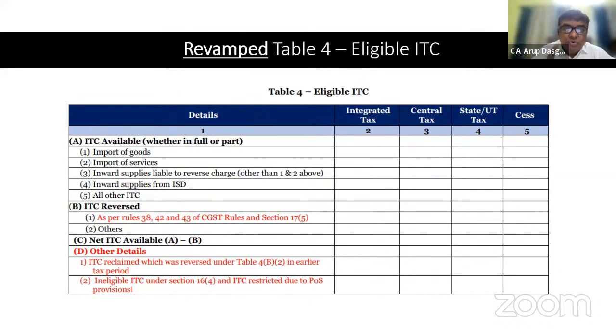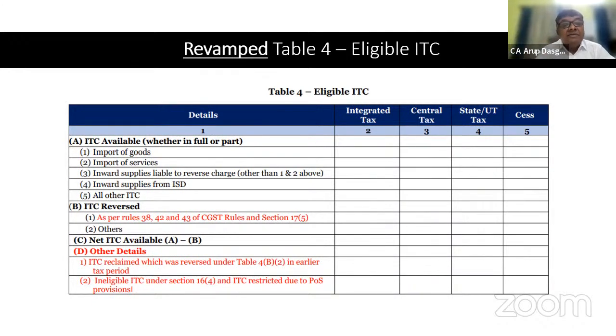Please mind. Today also we saw a query wherein the person was asking, okay, I'm putting the figures in D, but why is my electronic credit ledger not getting impacted? The reason is that D is a disclosure table wherein you give the figures just for giving proper disclosure, so that when your audit happens tomorrow, the department will be aware of what the Rule 37 credit was, meaning I did not pay the supplier, I had reversed it under other reversals.